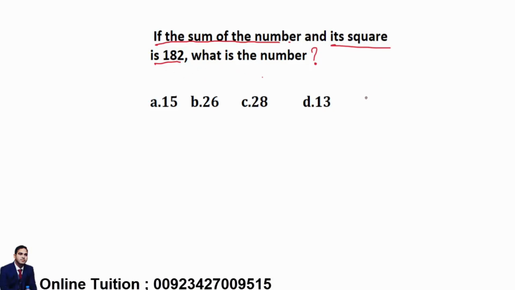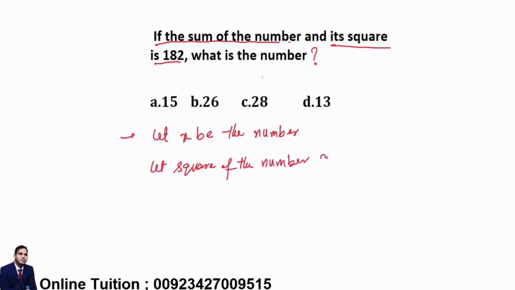What is the number? So suppose let x be the number. This is an assumption. And the sum of the number and its square: the square of the number is x square.